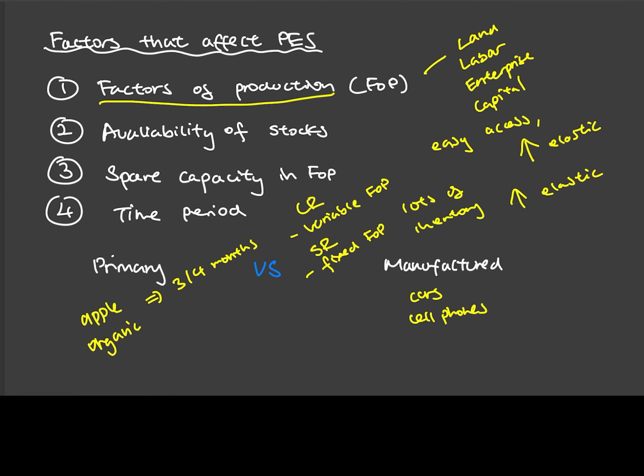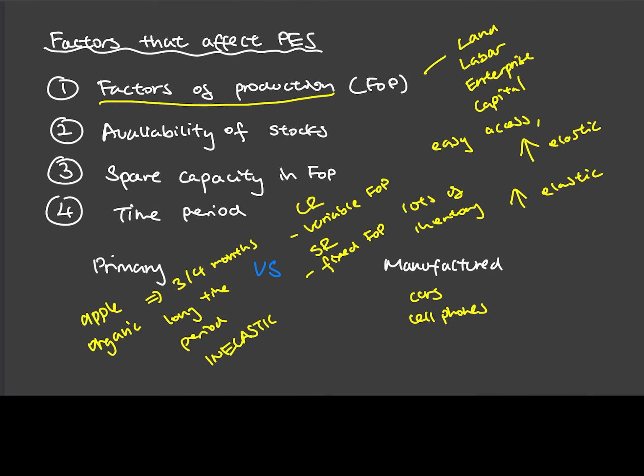You have to plant the seed and wait another 3 or 4 months before your apples finally grow, and by then the price might not be that high anymore. So that is why, due to the long time period in growing organic or primary goods, goods that are mainly agricultural based, they have a relatively inelastic PES. They can't be that responsive because they need time to grow and to make those products.